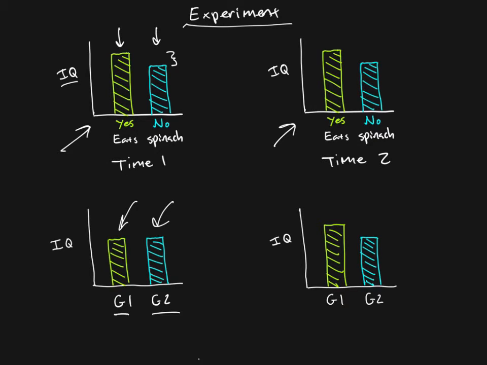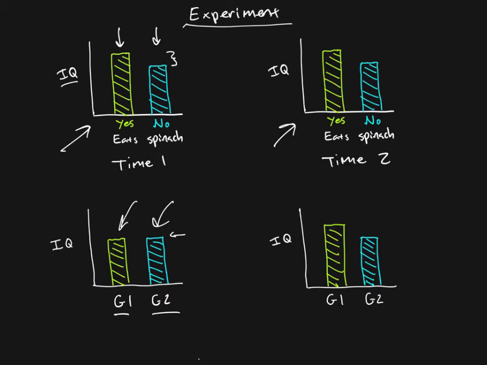When we do that, we're going to end up with a mix of people who eat or don't eat different amounts of spinach in each group. So the spinach eating behavior is going to be on average about the same in both groups. And we're probably going to end up with the IQ being about the same in both groups. And that is why you see that the level here is about the same.